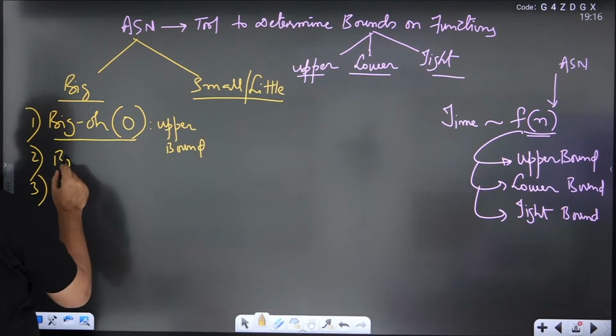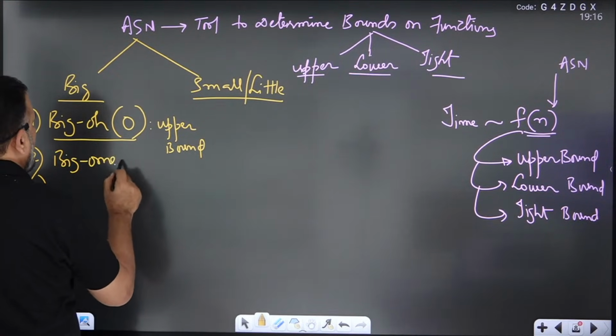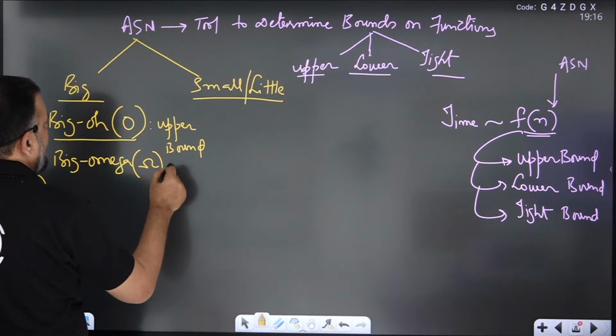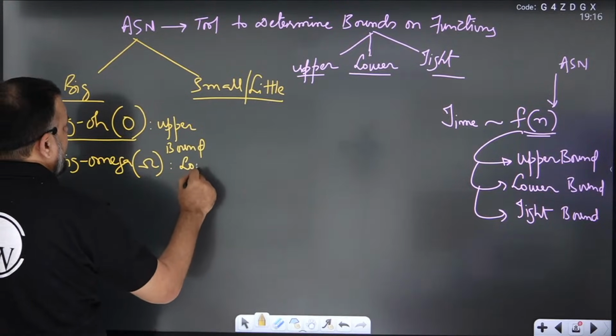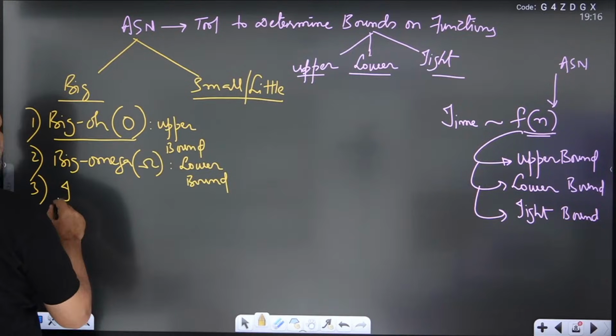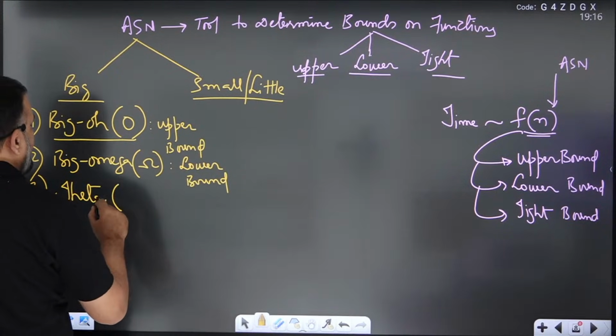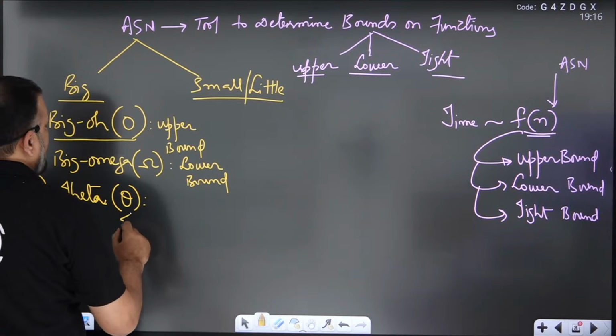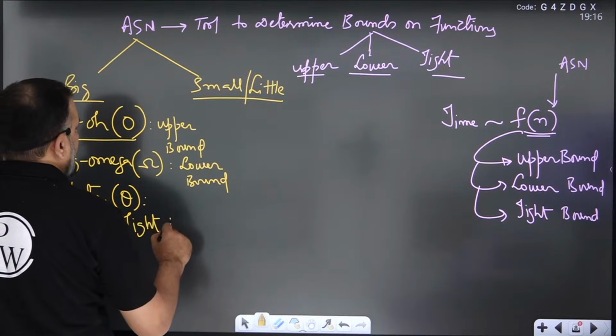Then we have big omega, represented by this Greek symbol, the lower bound of a function. And third we have theta, represented by the Greek symbol theta. This is for the tight bound.